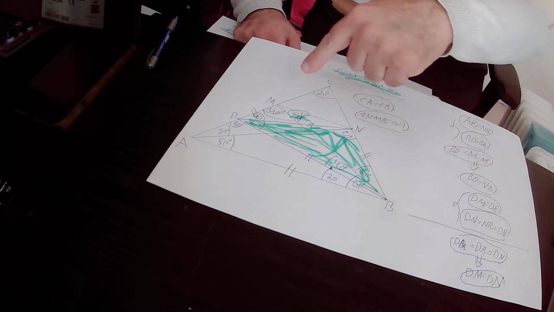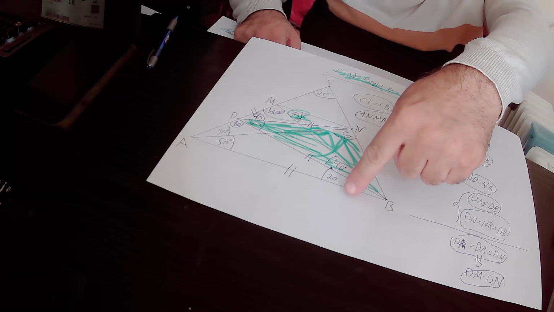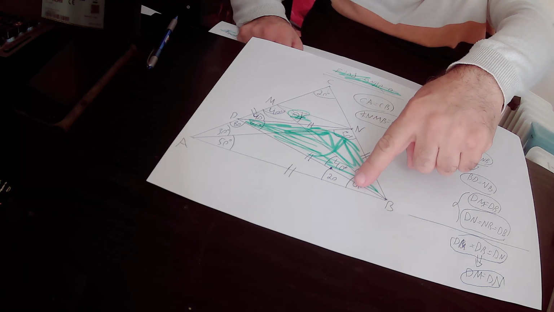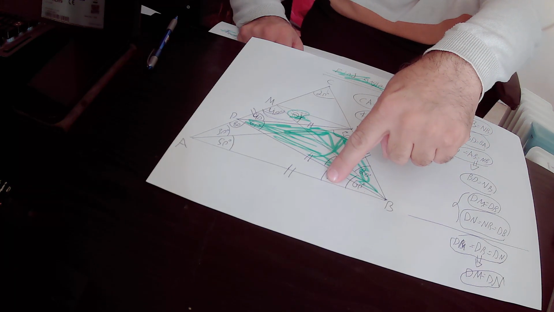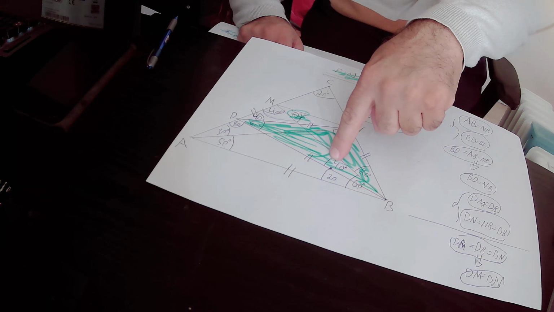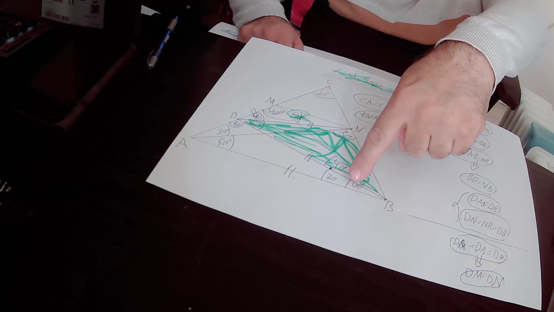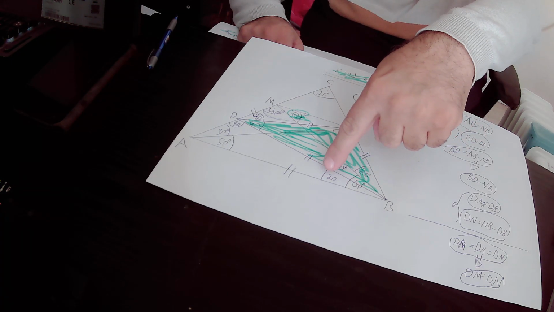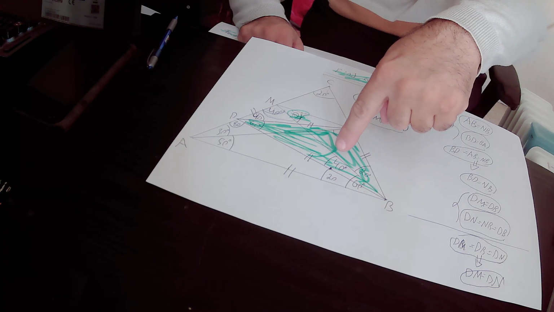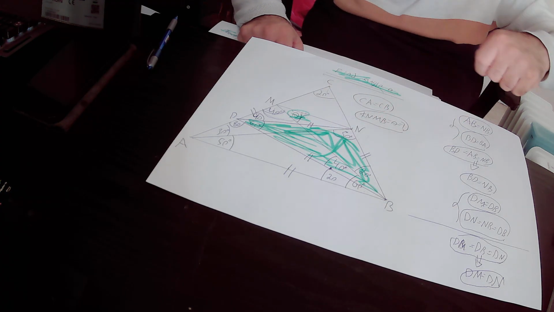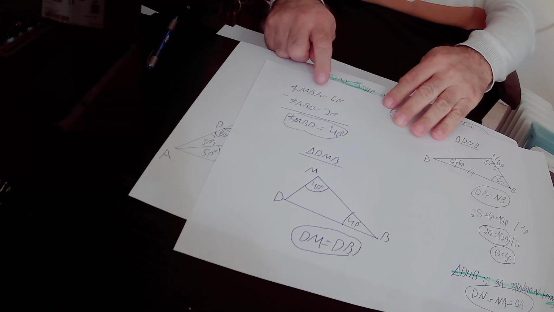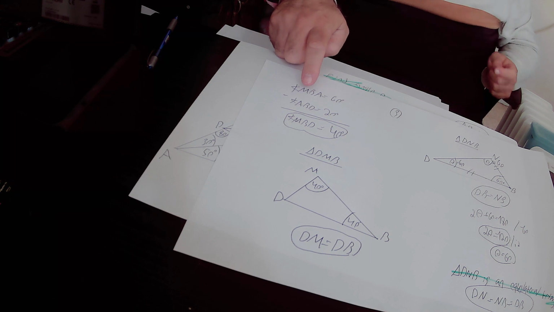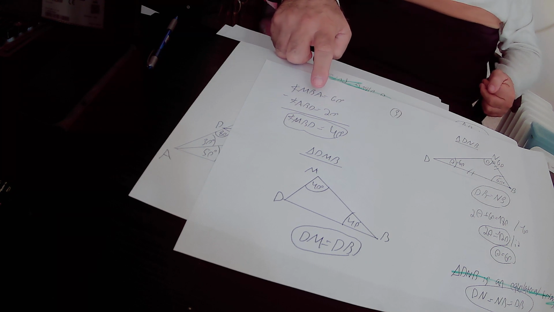The small angle ABD equals 20 degrees in size. The big angle MBA equals 60 degrees in size. So the big angle that is equal to 60 degrees, minus the small angle that is equal to 20 degrees, must be equal to the missing angle MBD.